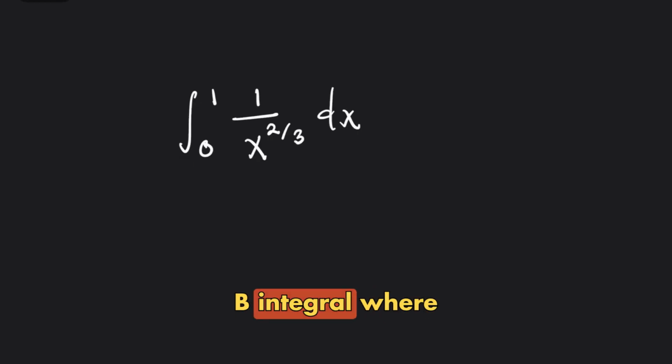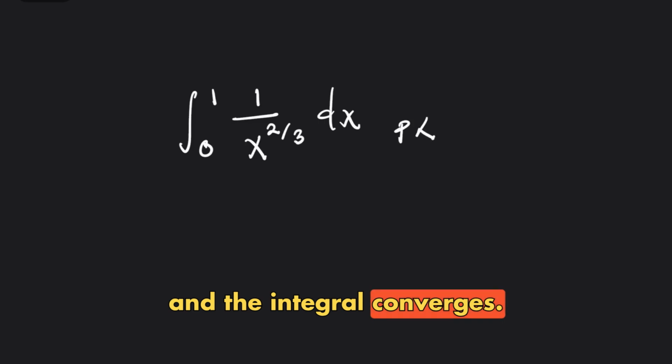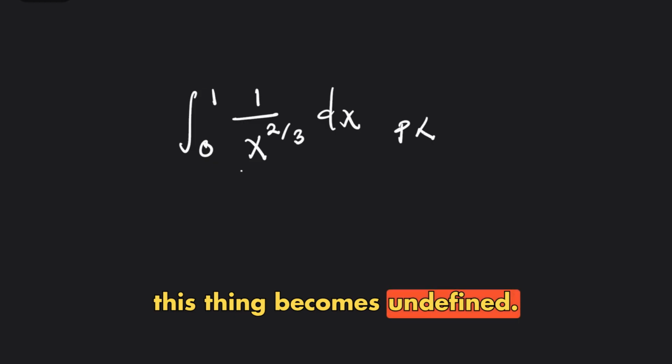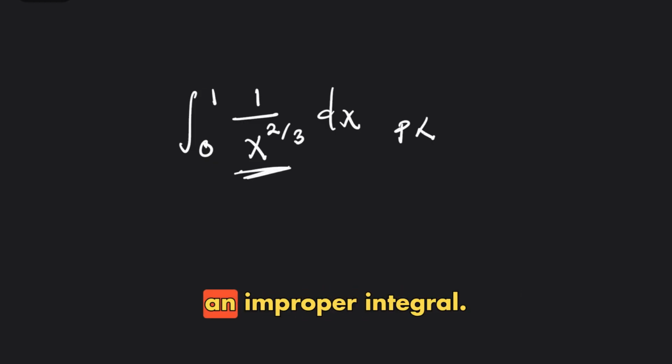This is the type B integral where the p is less than 1 and the integral converges. So you can see here that what is bad here is the integrand. The limit is finite, that is 0 to 1, but the integrand 1 over x to the power 3 is bad because when x is 0, this thing becomes undefined. So it is also an improper integral.